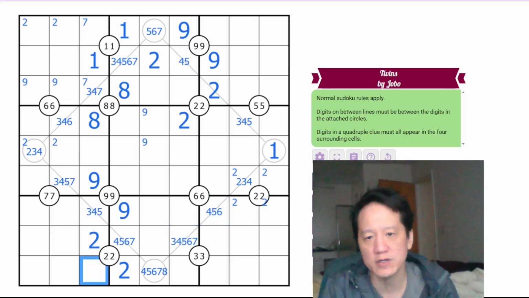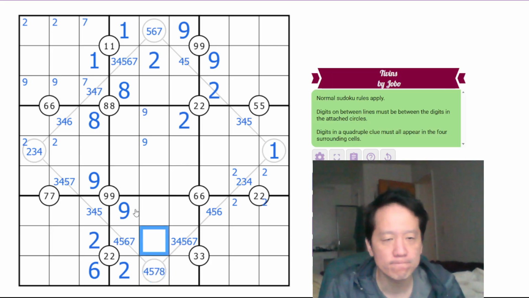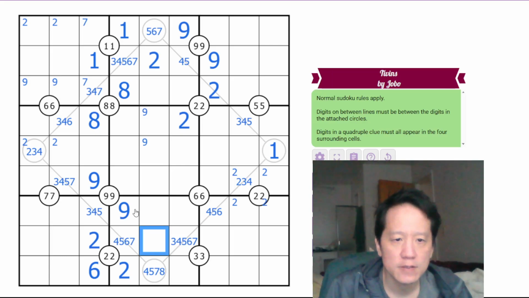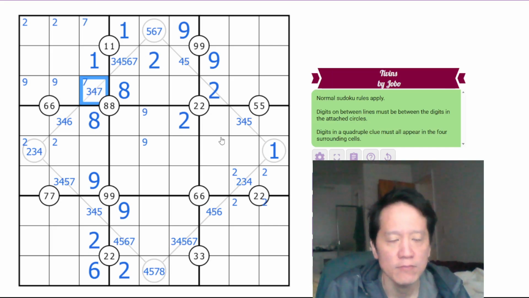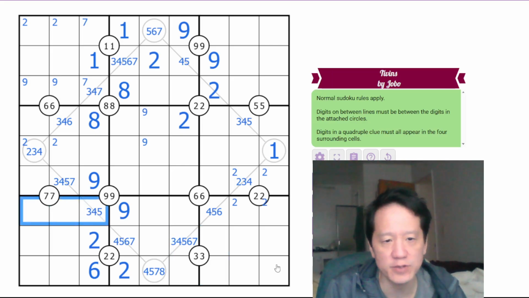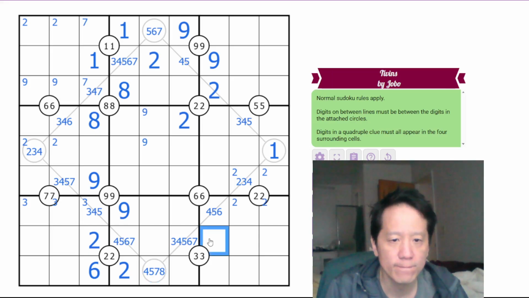So this must be a 6, which means this can't be 6 here. That was pretty interesting usage of the twins. 7 has to be one of these two. Similarly, the 3 has to be one of these 3 cells here because of the 3-3 twin here.